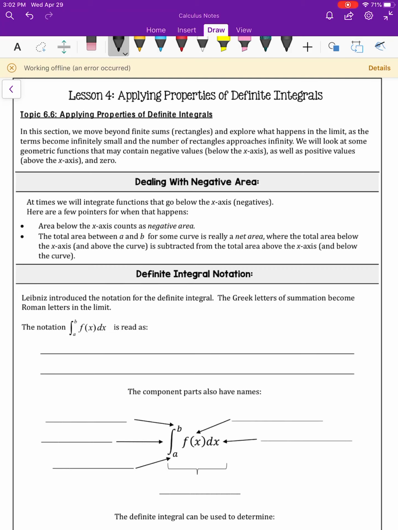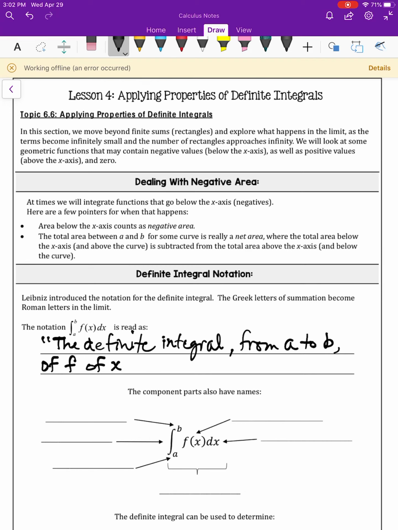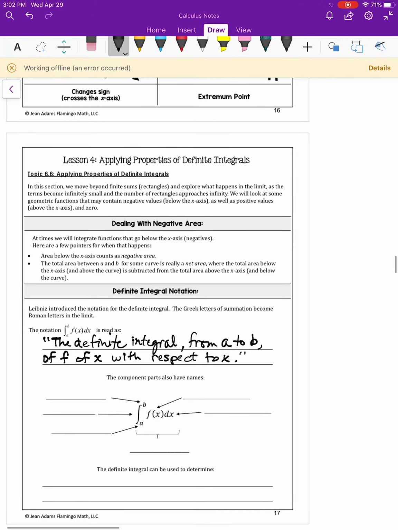The notation, the integral from a to b of f of x dx, is read as the definite integral from a to b of f of x with respect to x. So that is how we read that.